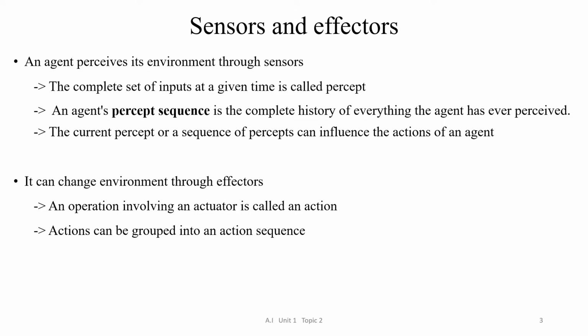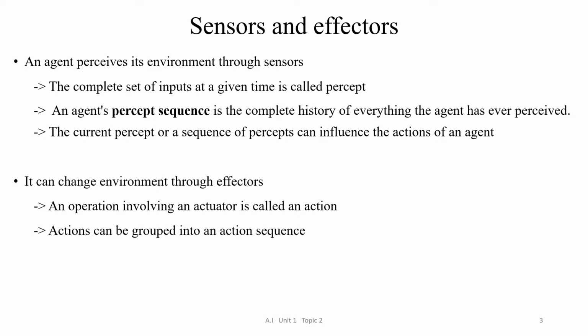An agent perceives its environment through sensors. The complete set of inputs at a given point of time is called a perception. The complete history of everything an agent has perceived is known as the percept sequence. The current percept or a sequence of percepts can influence the actions of an agent.